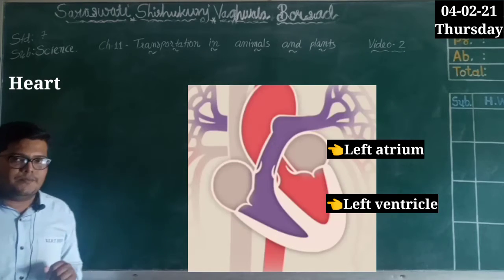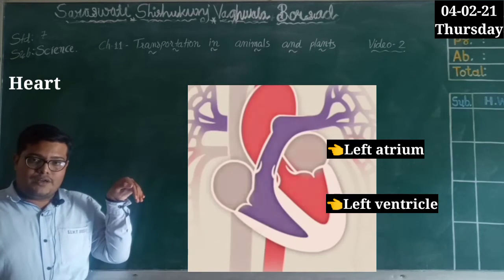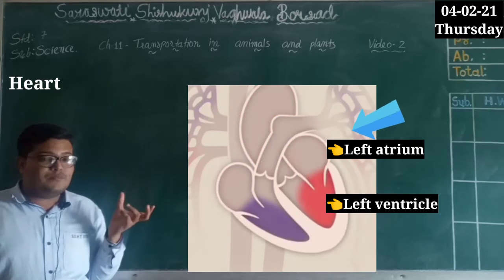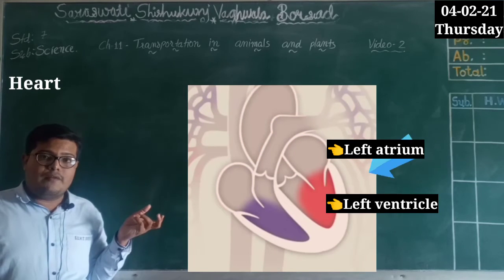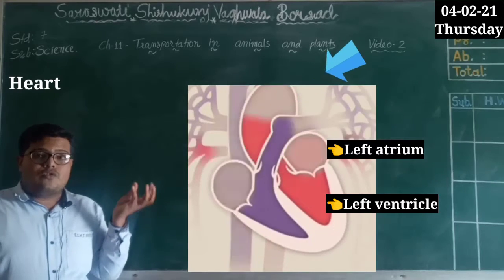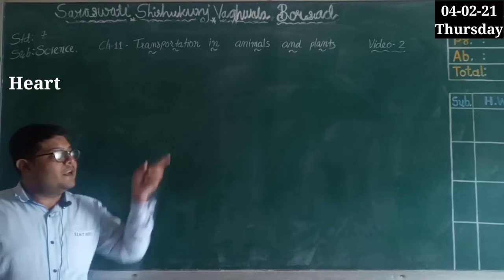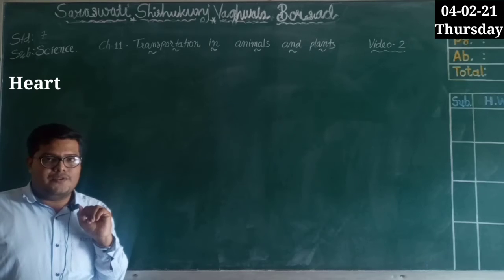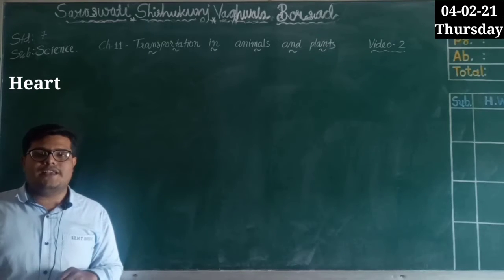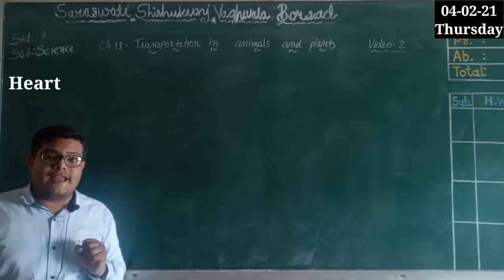So from the pulmonary vein the oxygen rich blood will come into the atrium. From the atrium it will go into the ventricle, and when it contracts, from the ventricle it will pump into the arteries, and from the arteries the blood is carried through the whole body. This is the function of the left side chambers.